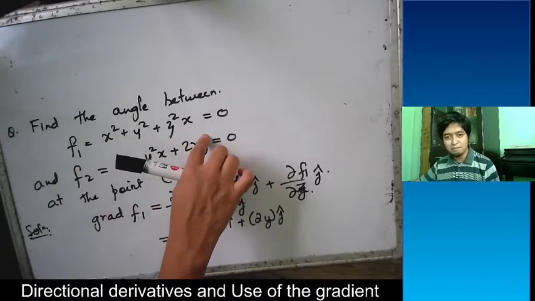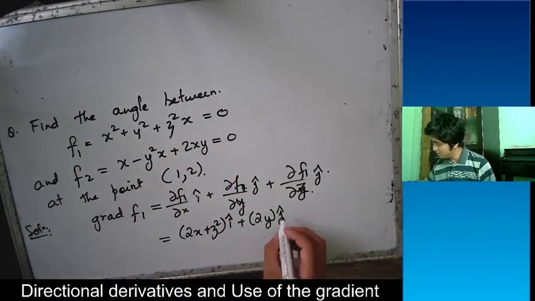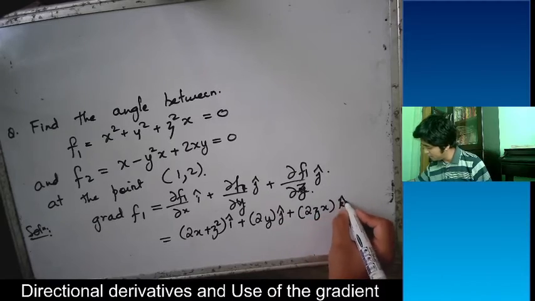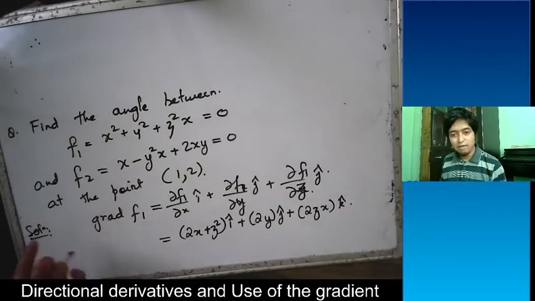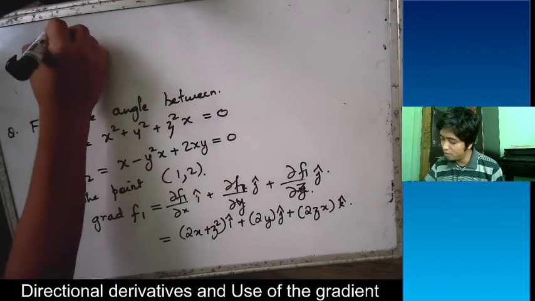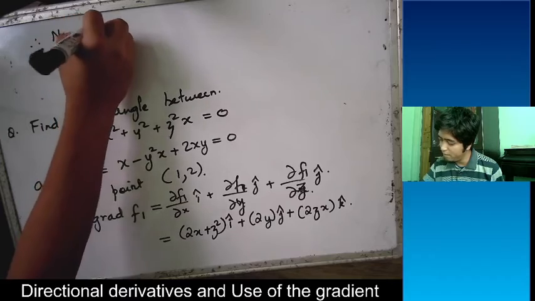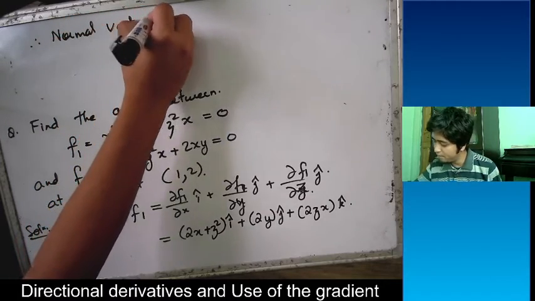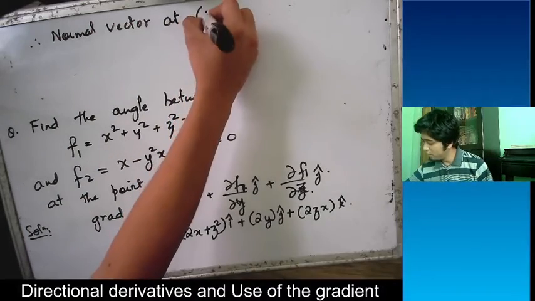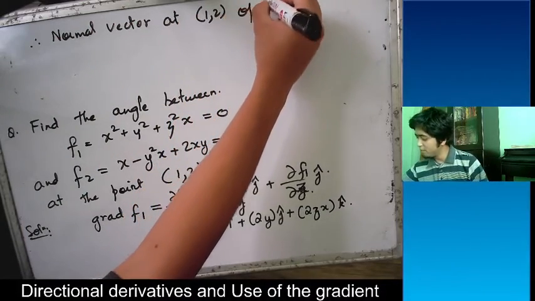Differentiate this one with respect to z, you will be having 2zx. Okay, so now that we have found the gradient, now we can find the normal vector. Therefore, the normal vector at (1, 2) of the surface f1.